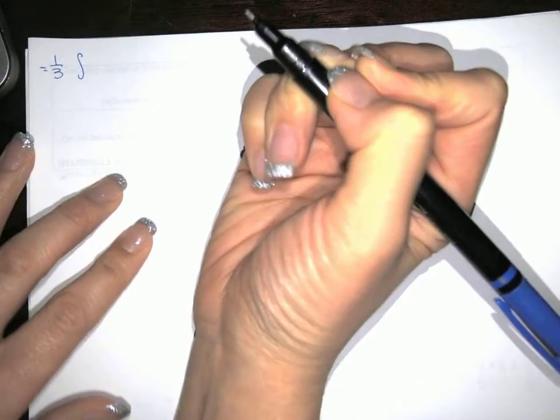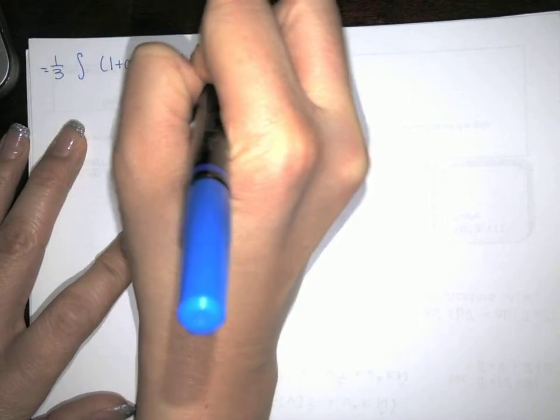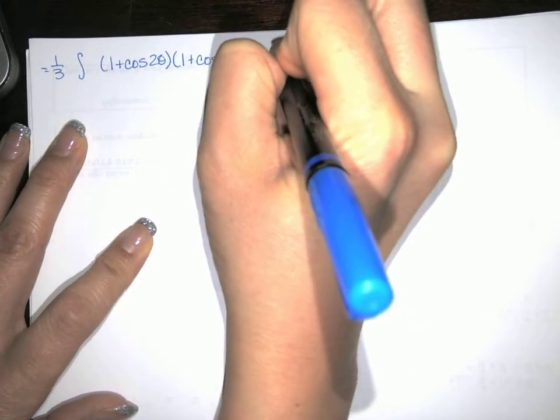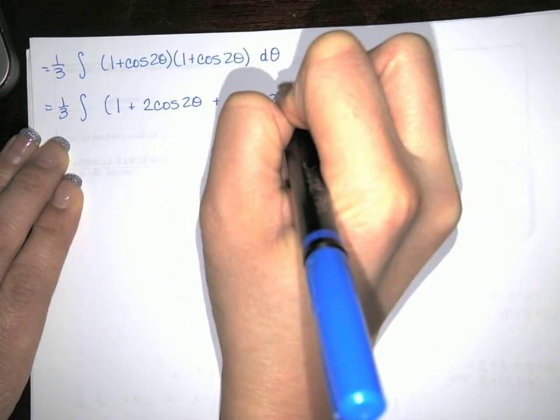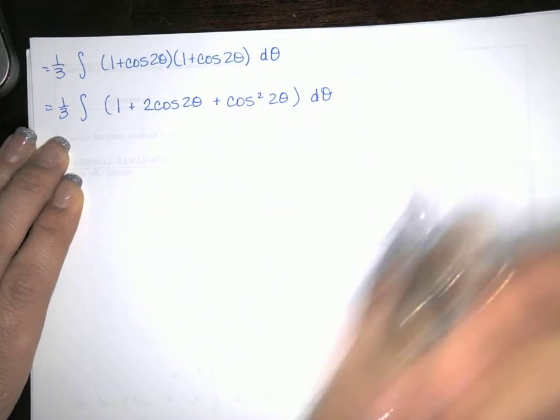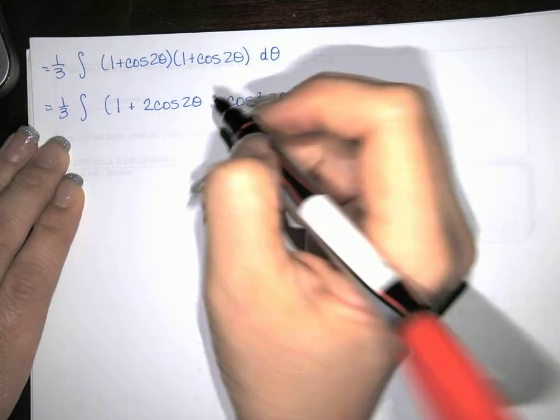And we still have a 1 plus cosine of 2 theta times itself. If I FOIL, I get 1 plus 2 cosine of 2 theta plus cosine squared of 2 theta. And that requires a power reducing formula as well.